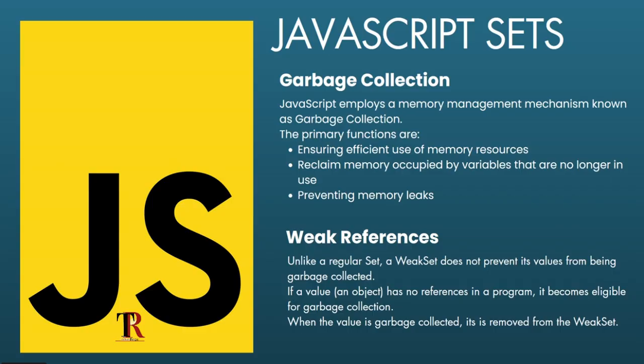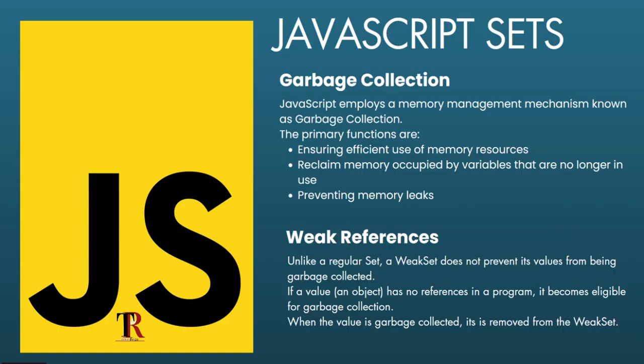So moving on from that, we are going to be talking about what is called garbage collection in this video. JavaScript employs a memory management mechanism known as garbage collection. When it comes to a computer, it has a mechanism of managing everything we throw in as input, be it variables, arrays, objects, or expressions.